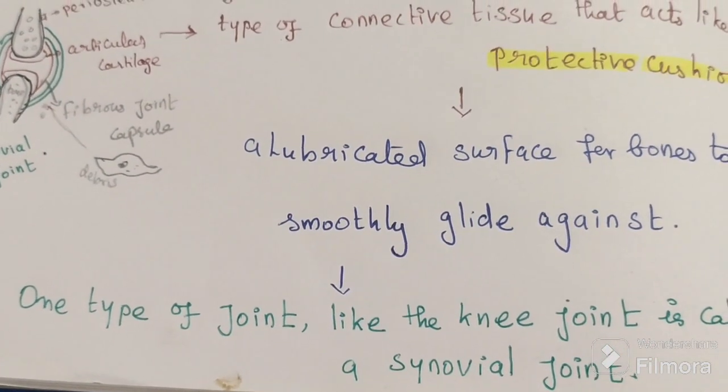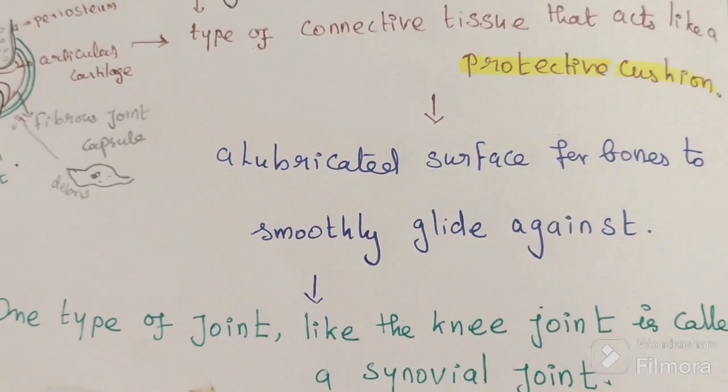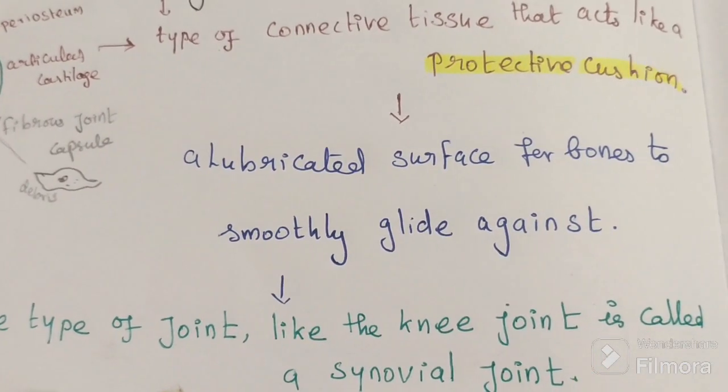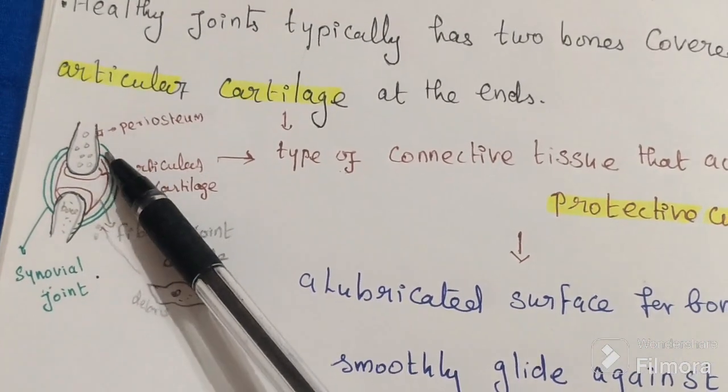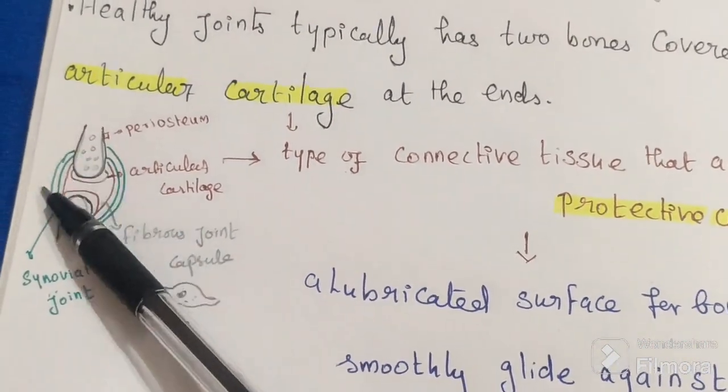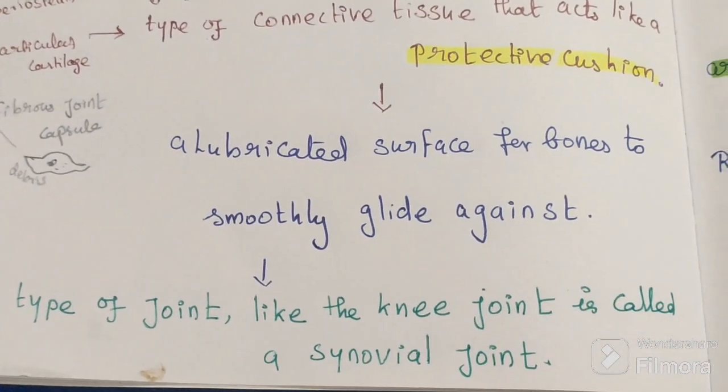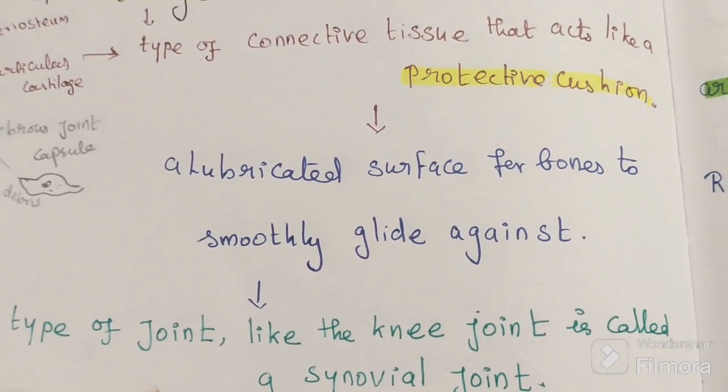One type of joint is called a synovial joint. This one, the green colored one, is called the synovial joint.